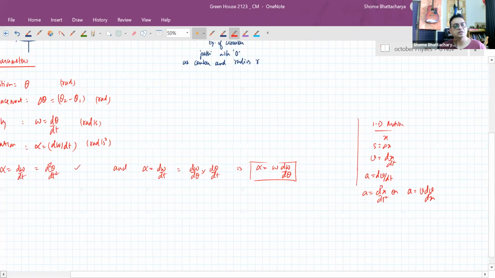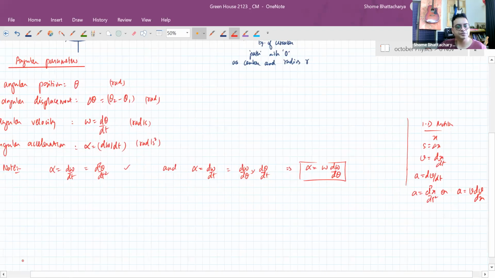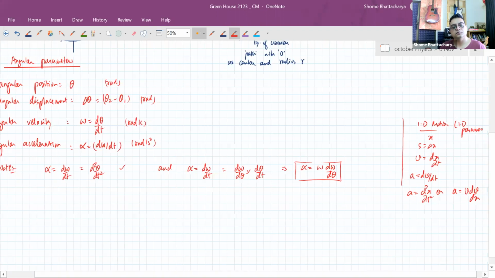So these equations are, in a sense, comparable. But whereas in 1D motion we had the 1D parameters, in circular motion we have the angular parameters.